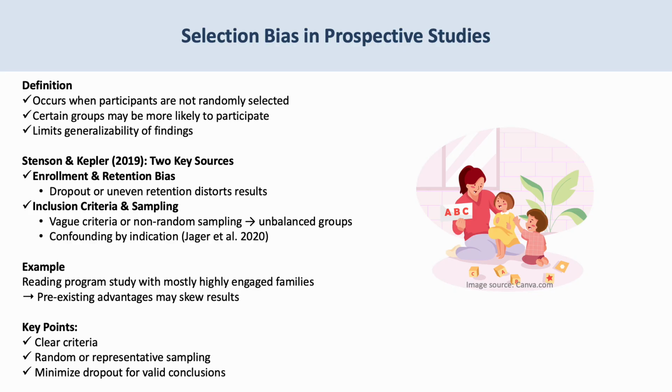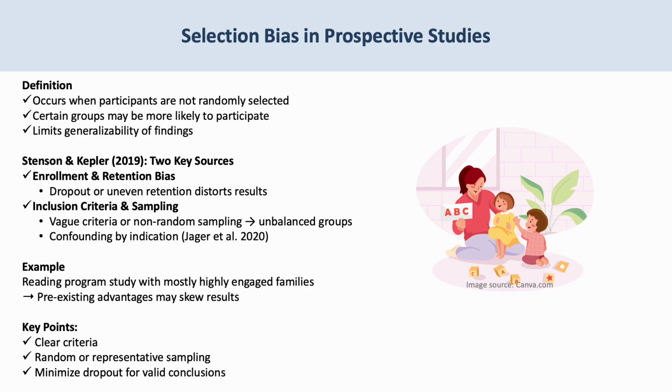If the majority of children enrolled in our early childhood reading program come from highly engaged or higher SES families, and less engaged or lower SES families are underrepresented, then we risk overestimating the program's true impact. And in that case, improvements in literacy outcomes may represent pre-existing family involvement, not the effectiveness of the program itself.